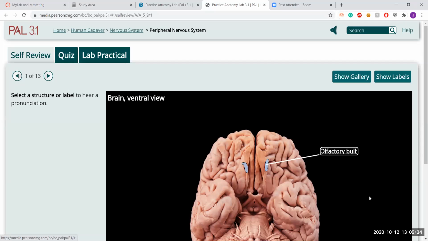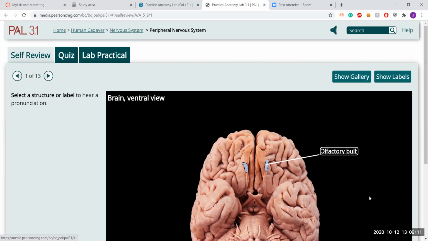Now, one special part of the peripheral nervous system is called the autonomic nervous system. So what is the autonomic nervous system? ANS, the autonomic nervous system, is the efferent or motor division of the peripheral nervous system, which controls visceral organs like the heart and lungs.